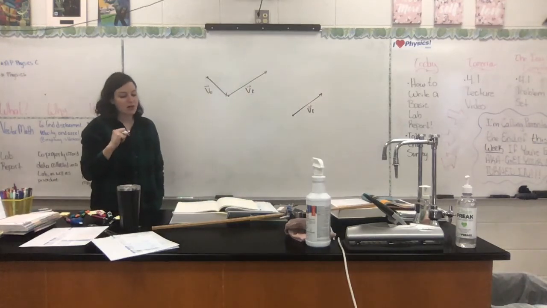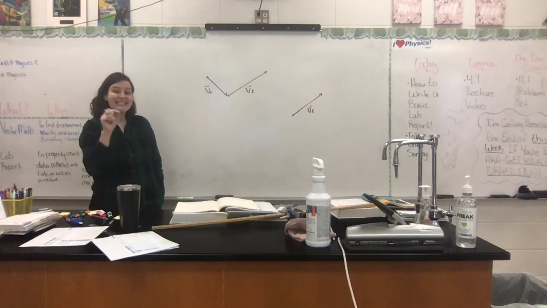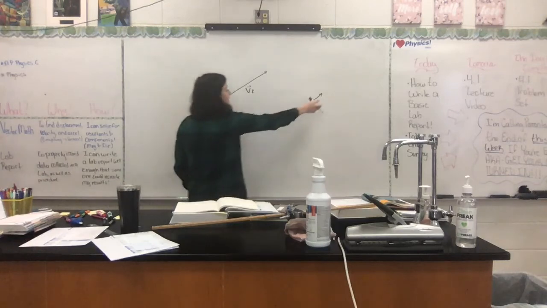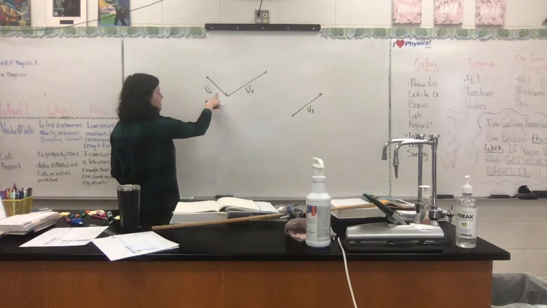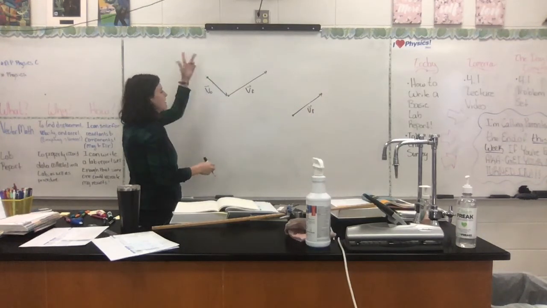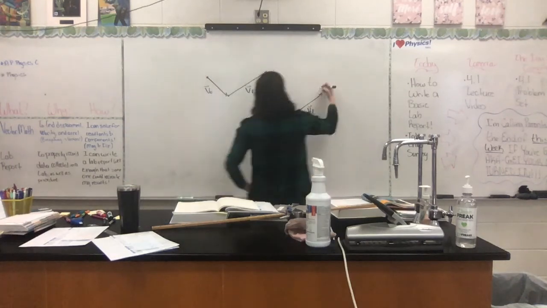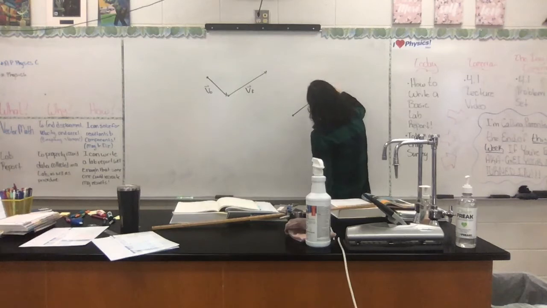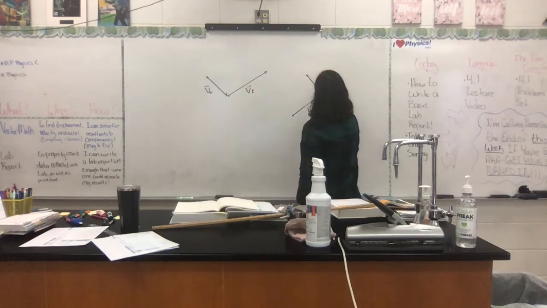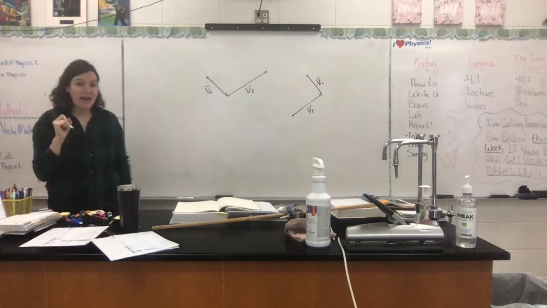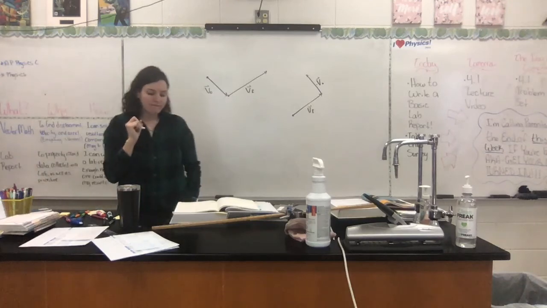The next thing we're going to want to do is draw negative v naught at the tip of the vf, okay? The tip is the arrow. All that happens when we do negative v naught is now it's going in the other direction. So instead of the arrow going down, it'll be going up. So if we do that, we will now have a negative v naught tip to tail with that final velocity.